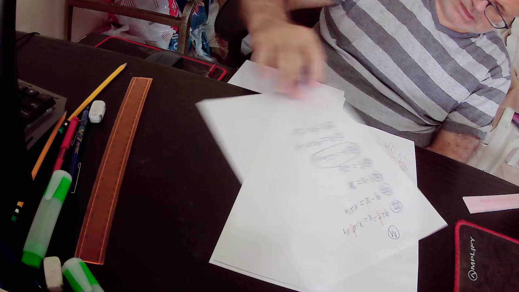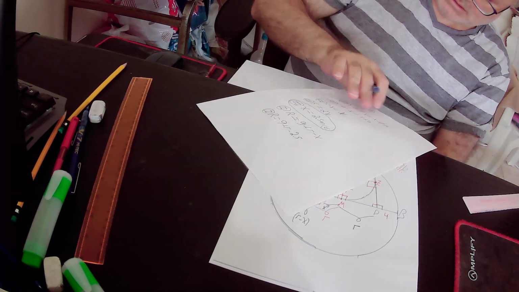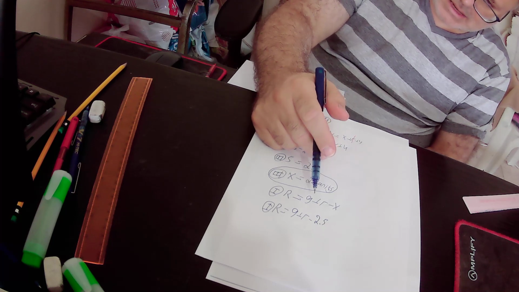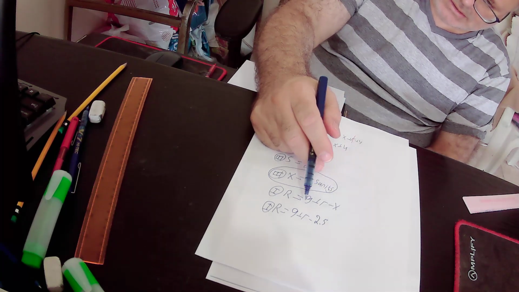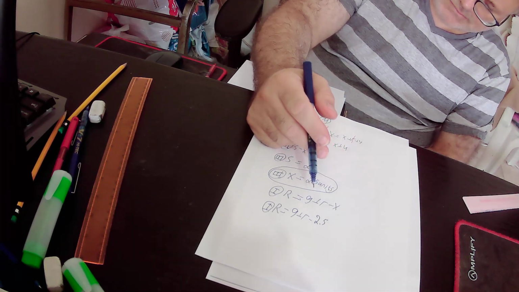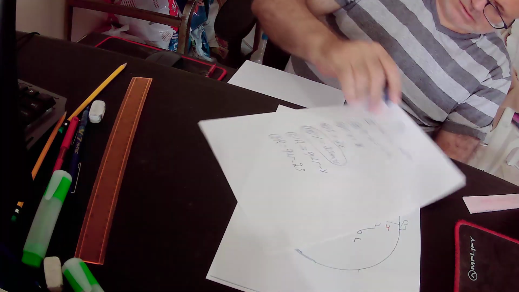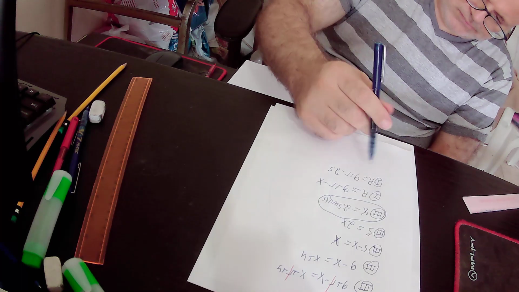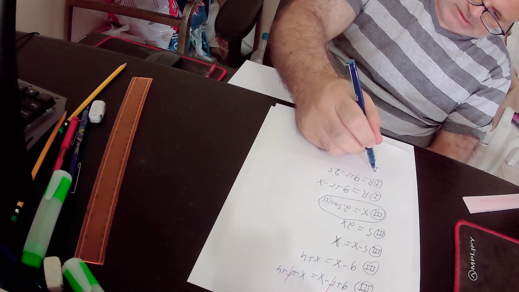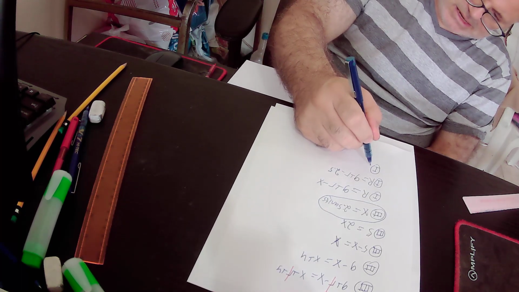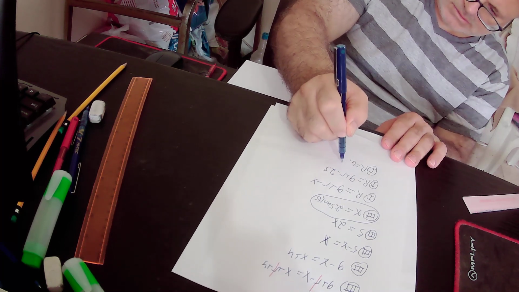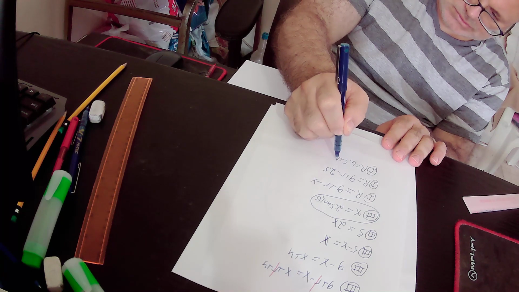So we got that r equals 9 plus r minus 2.5. 9 minus 2.5 is 6.5. So in total we got that the value of the capital R equals 6.5 plus small r.